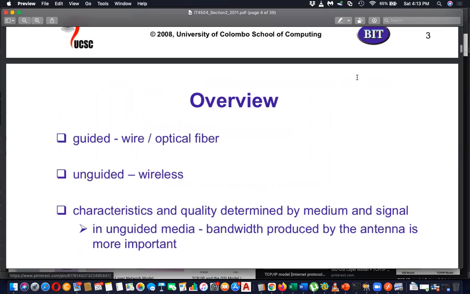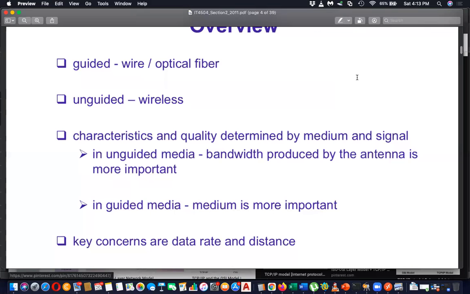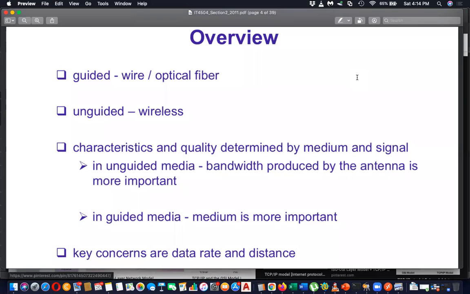Okay, then these are the basics. So you have two types of communication. One is guided or wired. The second one is unguided or wireless. Which is best, guided or unguided? Guided.